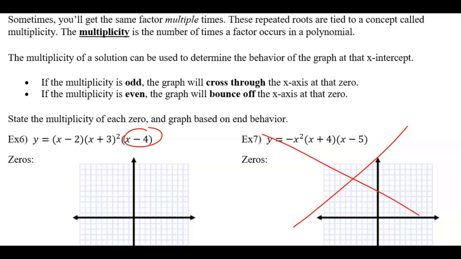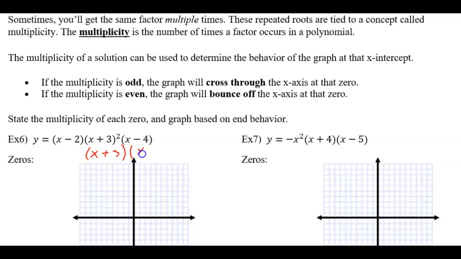I only have one x minus 4. But notice the factor before it, x plus 3 squared, really that's x plus 3 times x plus 3. So I would say that factor has a multiplicity of 2 because it occurs twice in this equation.